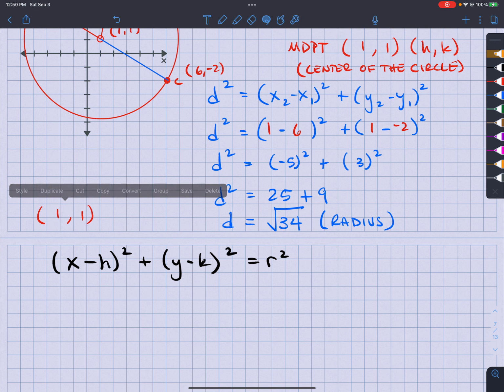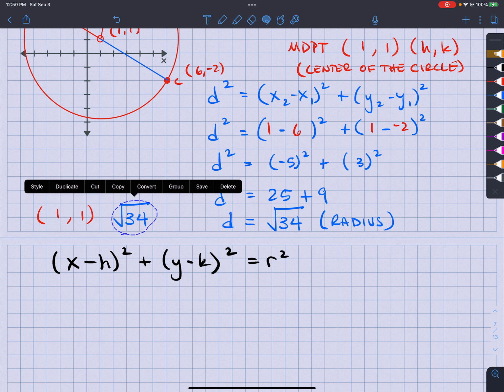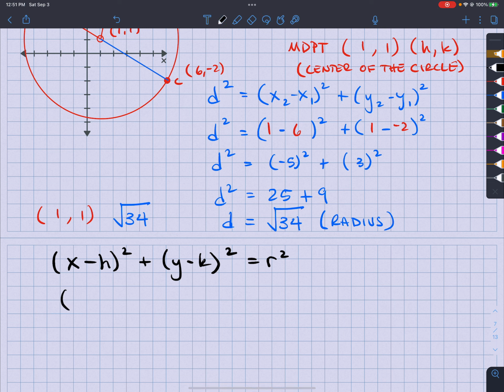And I see my radius is square root of 34. So let's plug that in. So I'm going to have x minus 1 squared plus y minus 1 squared is equal to square root of 34 squared. And there we go. Let's take a look. And that looks like choice D.